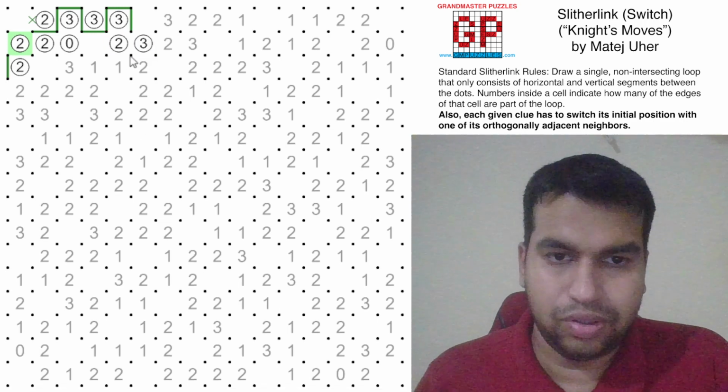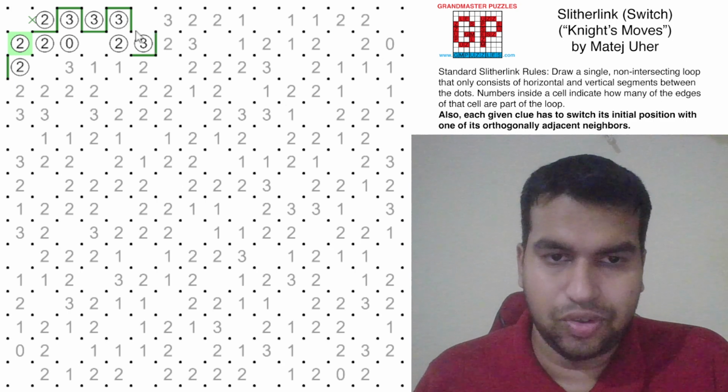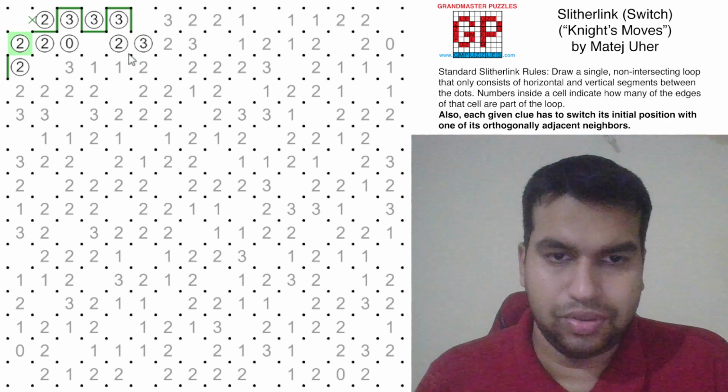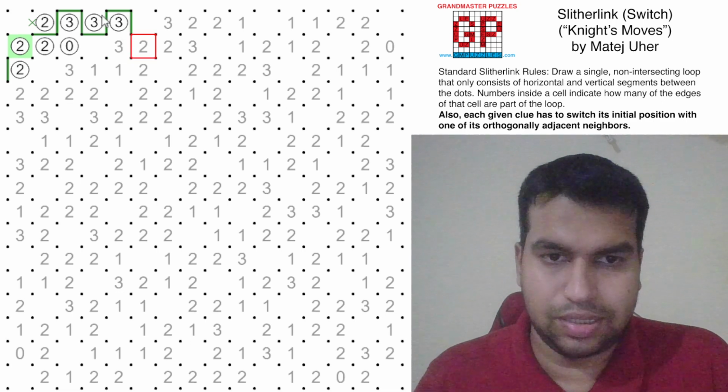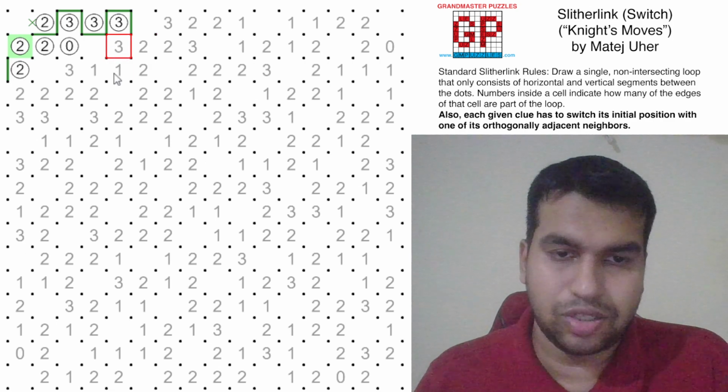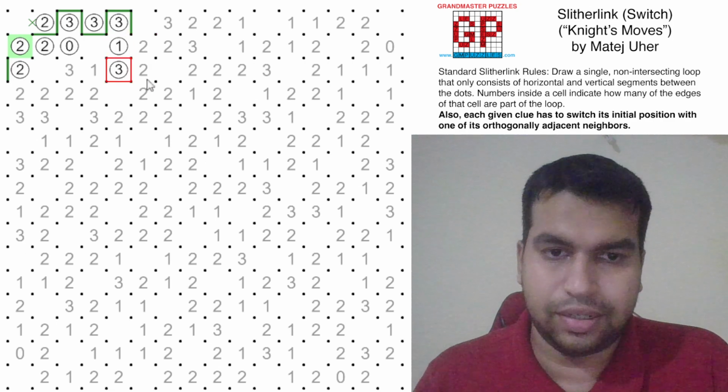In this scenario, with the 3 you would force this, but with the 2 you would force this, and this causes a branch. So this whole possibility is not valid. So that means this 3 has to pair with the 1. So you have a 1 and a 3.